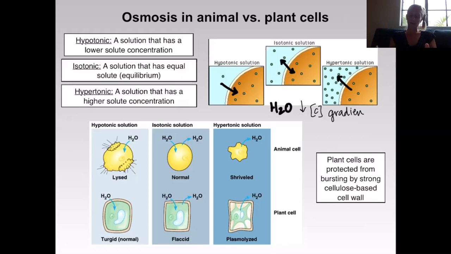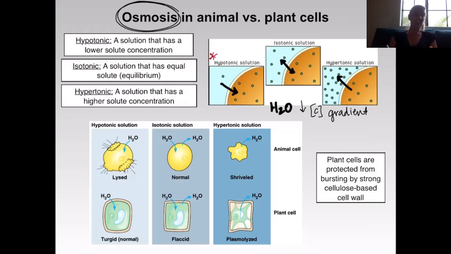Yeah, you're right. If you're thinking, but what about the solutes? Why aren't they moving? They might be able to move depending on what kind of solutes they are. But we're really just talking about water here because we're talking about osmosis, the diffusion of water. Okay. One other thing I'd like to point out is that here, in this example, we have a hypotonic solution.